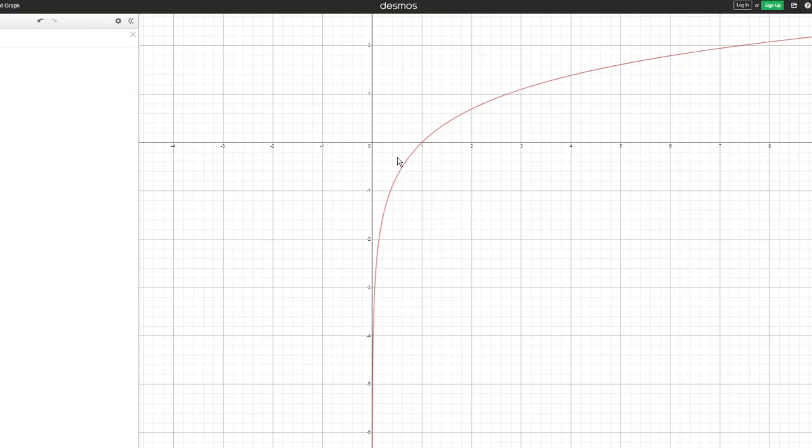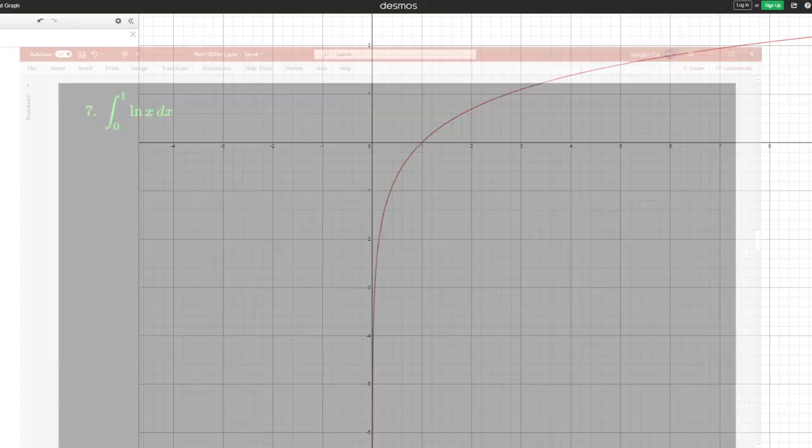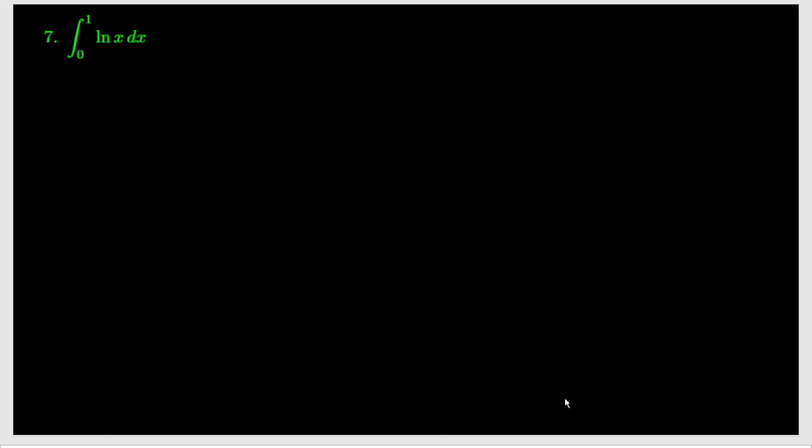Now we are trying to evaluate the integral from 0 to 1. You know the answer is either a negative finite number or negative infinity. We don't know yet. We're going to calculate.